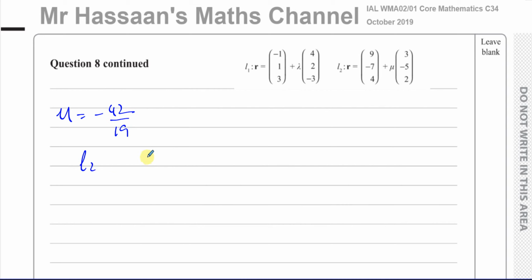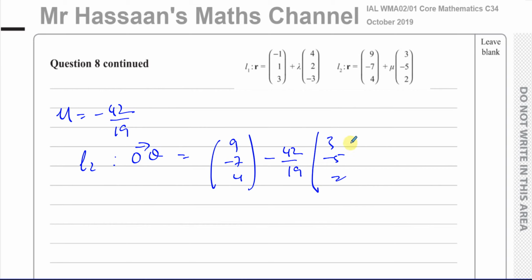So for line 2, the vector from O to Q is going to be given by (9, minus 7, 4) plus minus 42 over 19 times (3, minus 5, 2).